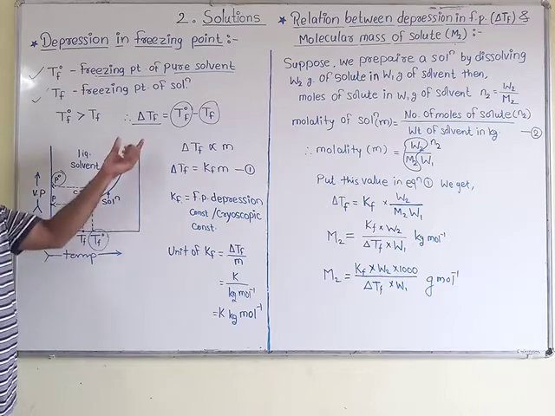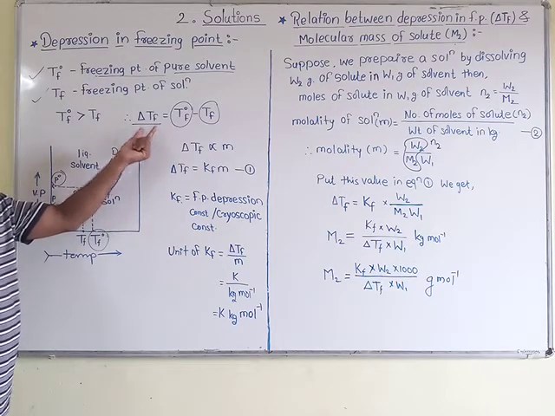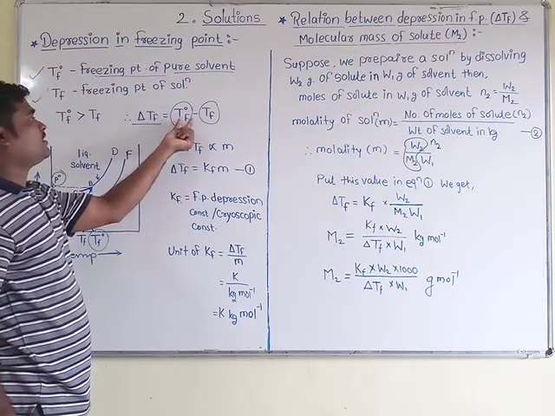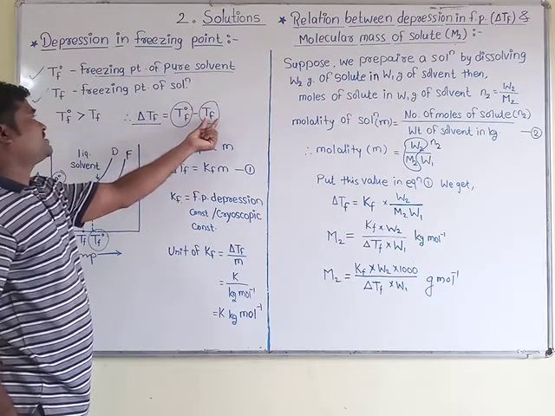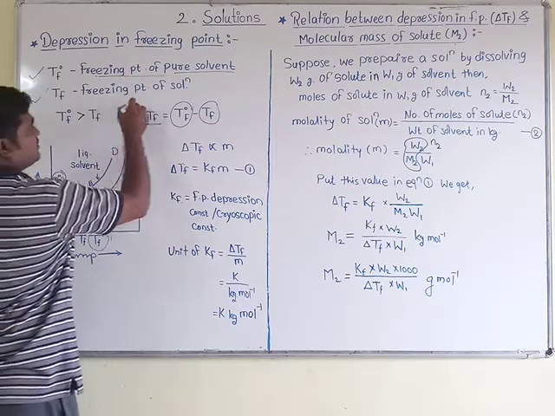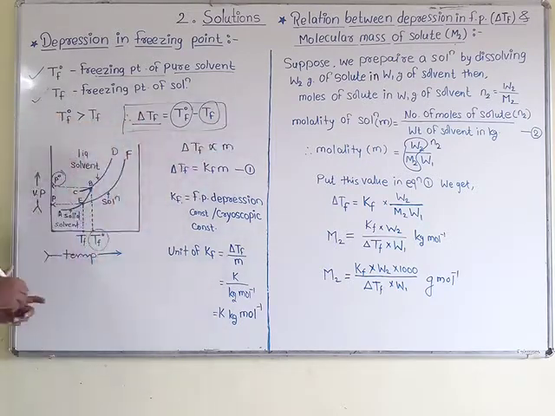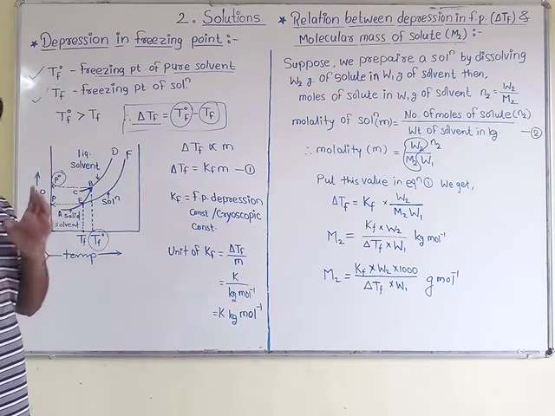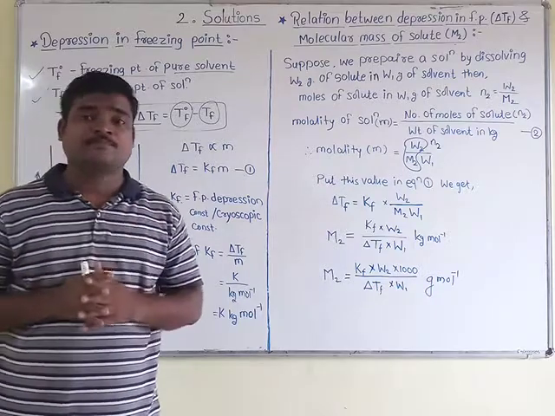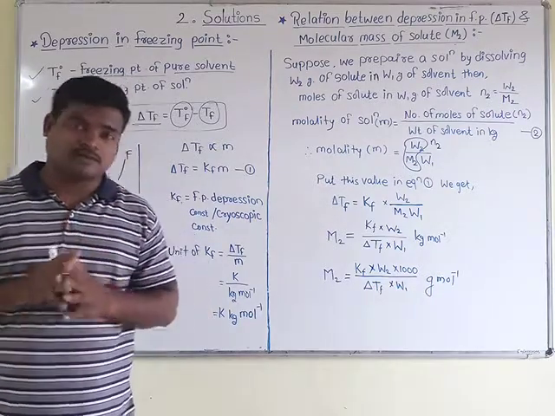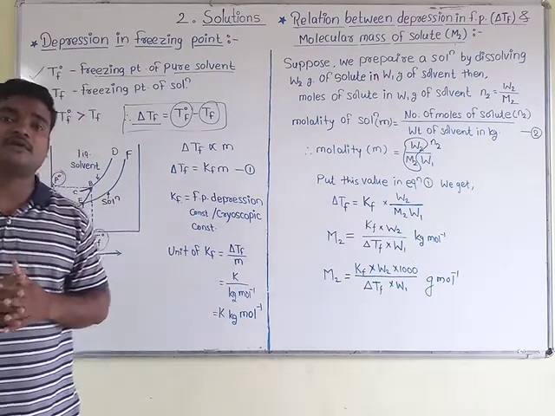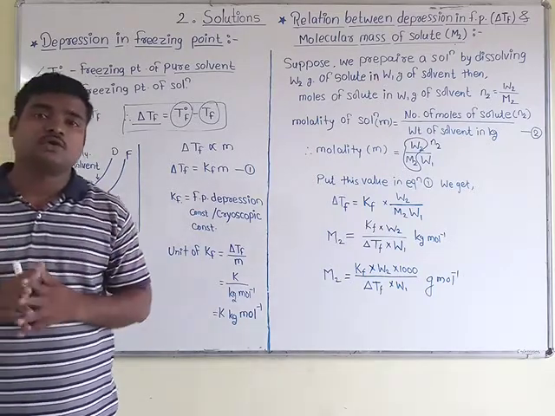That is, depression in freezing point is nothing but the difference between the freezing point of the pure solvent minus the freezing point of the solution. By this equation we can determine the depression in freezing point. Depression is nothing but lowering. Instead of depression, for your better understanding you can take its meaning as lowering.